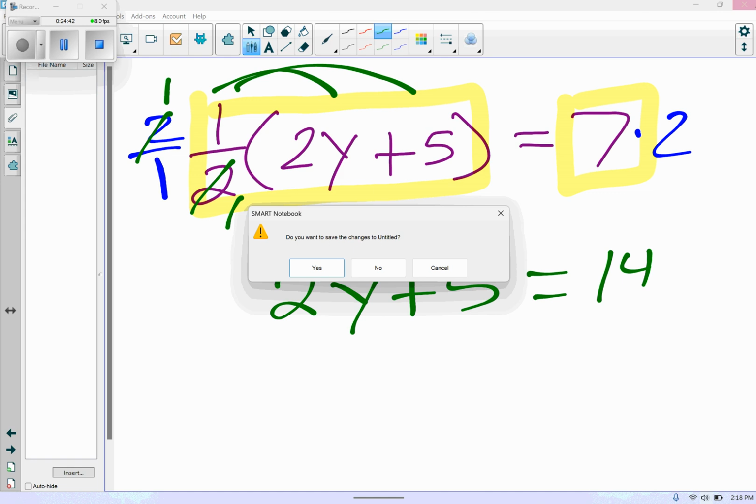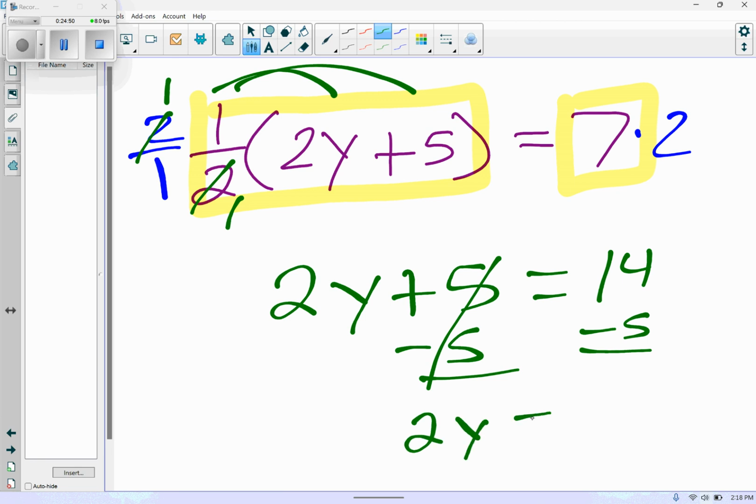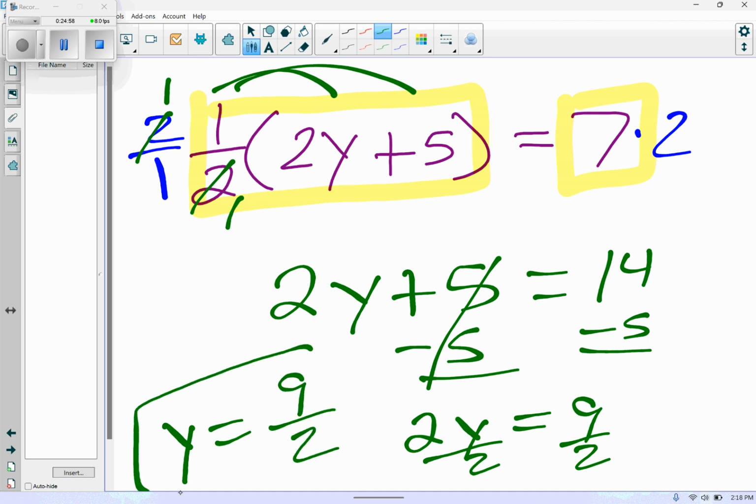Just kind of a trick to the trade. So let's subtract 5 from both sides. That's gone. Nine over 2 is a fine answer. Woo! Yeah, baby.